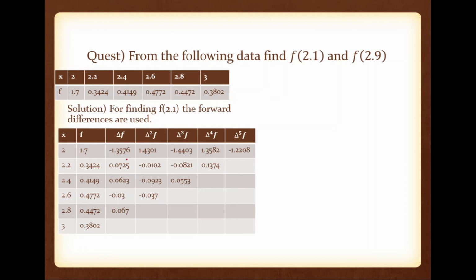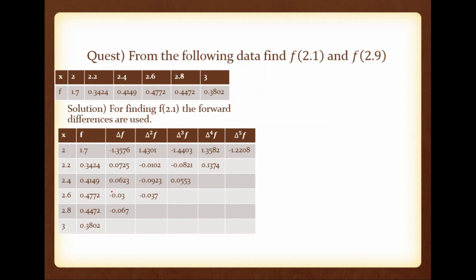So that is 0.0725 minus minus 1.3576, which is 1.4301. 0.0623 minus 0.0725 is minus 0.0102.